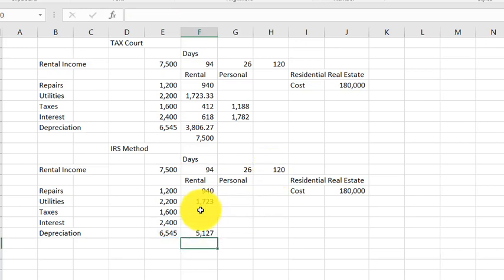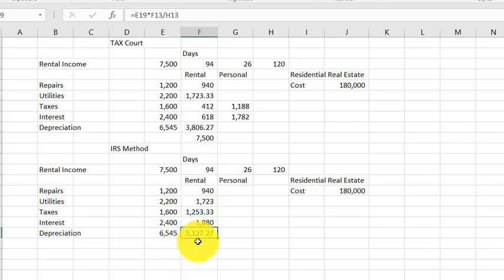But we would use the same allocation for the taxes and interest as we did for repairs and utilities. This is the way the IRS believes it should be done. They have not agreed to the tax court's method, but many people utilize it knowing that if they got challenged on it, they could go to the tax court and it would agree with them.